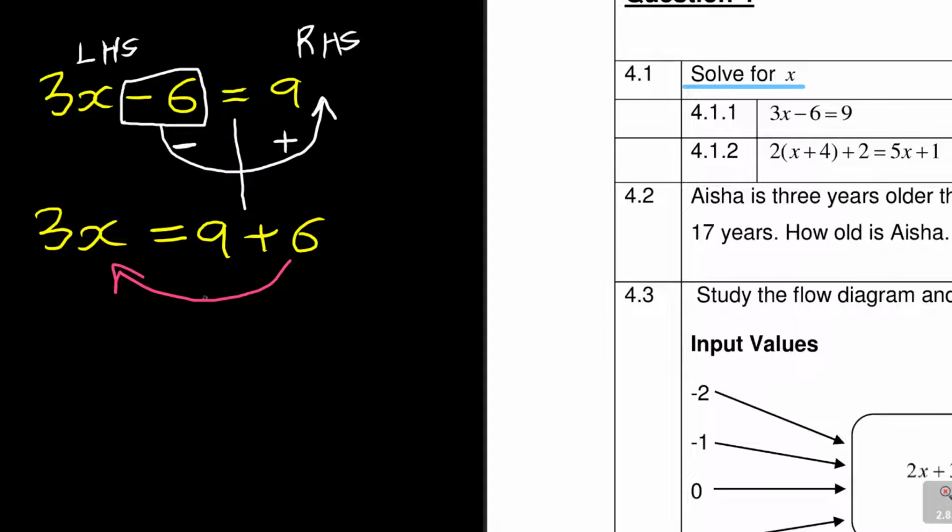It was positive, it will become negative. Do you see that? So even 9 is able to join because it's separated by a plus with a 6. So those are able to jump the equal sign. So we continue now to say 3x is equal to 9 plus 6. You use a calculator, or you recall to say this is 15.